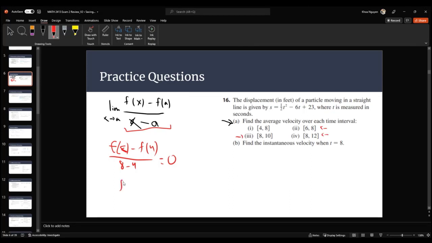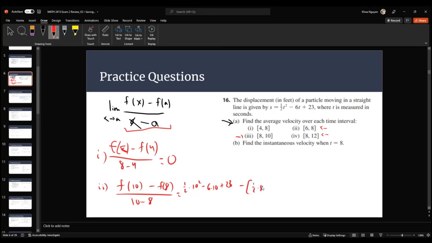So the next one, this is part I. Part I gives you f of 10 minus f of 8 over 10 minus 8. That's 1/2 times 10 squared minus 6 times 10 plus 23 minus, and sometimes I like to put parentheses so that when you're subtracting something, you don't make a mistake with the negatives.